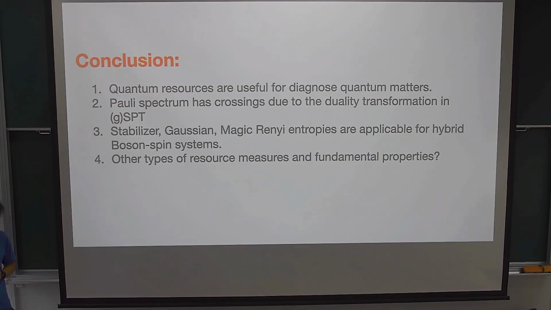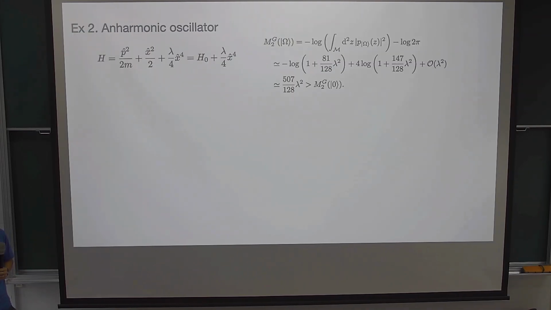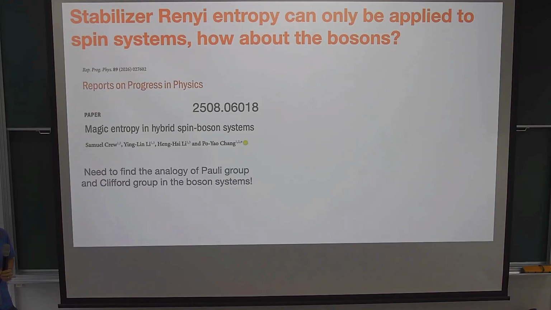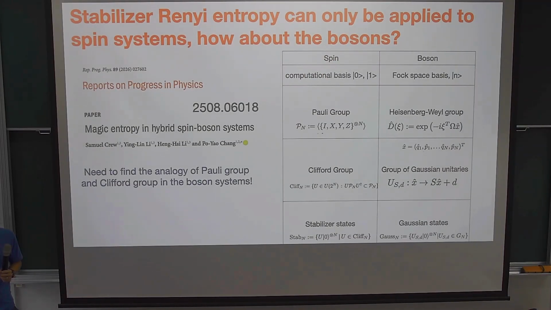Yes. Can you remind us what the resource-free operation is? It's Gaussian unitaries, including squeeze operators. Physically, is it doable? Yeah, it's doable. A squeeze operator, I think it's doable. Just change the size of your harmonic trap. It's like an exponential of a-squared minus a-dagger-squared, something like that.